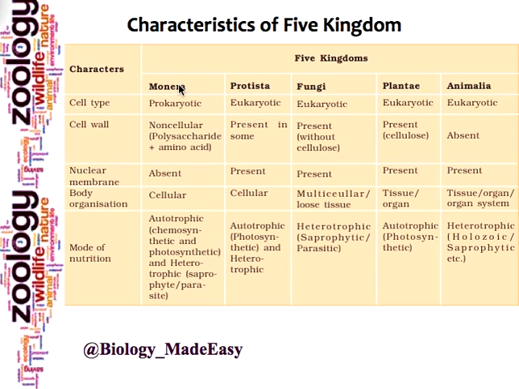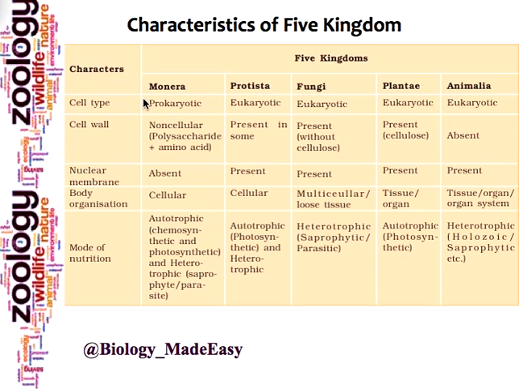This is because in case of Monera the nuclear membrane is absent, and in case of the other kingdoms they all have a defined nuclear membrane. So this is a major difference between Monera and other kingdoms.